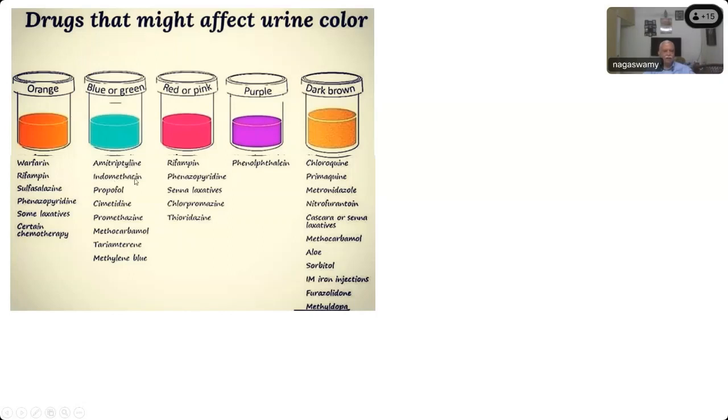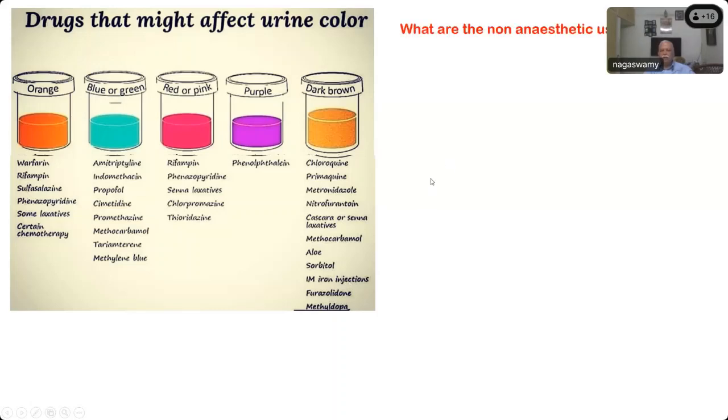Okay, indomethacin, propofol, cimetidine, promethazine, methocarbamol, methylene blue, all these can produce a blue or green color. Again, rifampicin can produce orange, red or pink color, as can phenolphthalein, chlorpromazine (Largactil) and thiazides. Phenolphthalein can produce a purple color, and brown color can be caused by chloroquine, primaquine, which are antimalarials, metronidazole, and all these drugs.